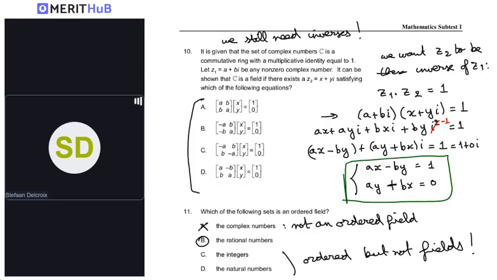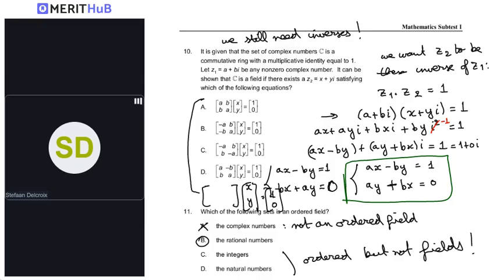Now you can write this in matrix form. Gotta be a little careful. My second equation is not written down nicely. I should have written it as BX plus AY to first have my X and then my Y. So let me rewrite this as AX minus BY is 1 and BX plus AY is 0. You can write this as a matrix times (X, Y) is (1, 0). What does that first row need to be?